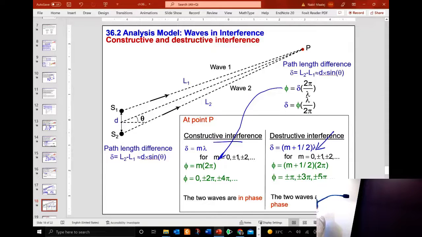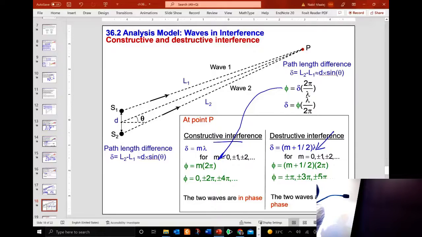For m equal to 1, 3/2 times 2 pi is 3 pi. So it's plus or minus 3 pi, and for m equal to 2, plus or minus 5 pi. So if the phase difference is an odd multiple of pi, not including 0 of course, plus or minus pi, plus or minus 3 pi, plus or minus 5 pi, then the waves are out of phase, they will cancel each other, and we have destructive interference.